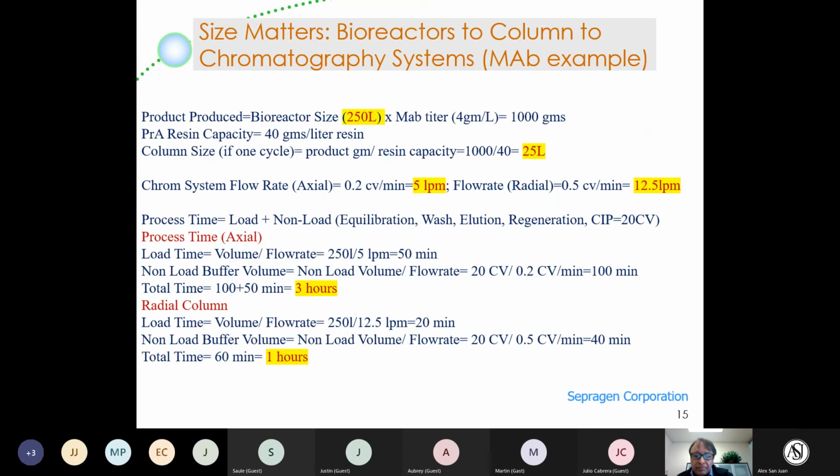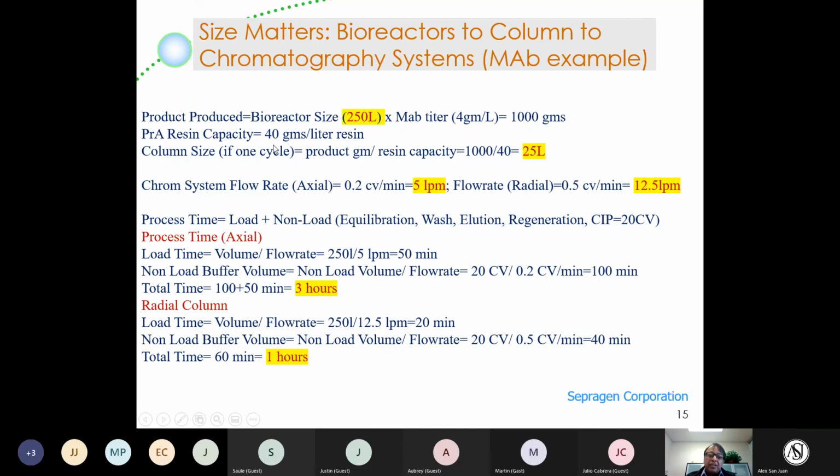Typically, we are running our columns at between half a bed volume to a bed volume a minute, which is a residence time of as little as 1 minute, in some cases 2 minutes. Typical axial columns are run at residence times of 4 to 6 minutes. Here's a simple example: somebody running a 250-liter bioreactor at 4 grams per liter titer, so it's a 1 kg batch.